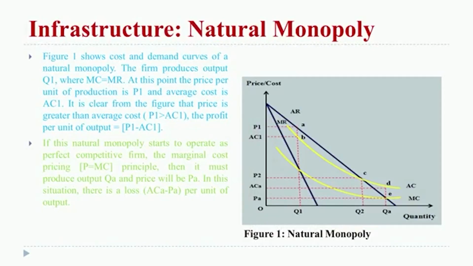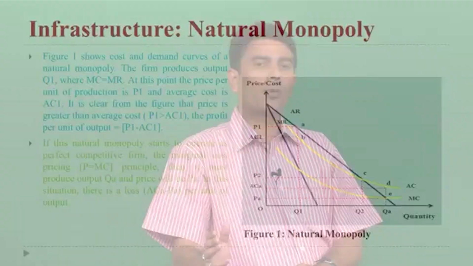If you look at this diagram, figure 1 shows a price P1 which is higher than AC1. AC1 is the average cost of production in this diagram, and the difference between P1 and AC1 is the profit earned by this natural monopoly firm.